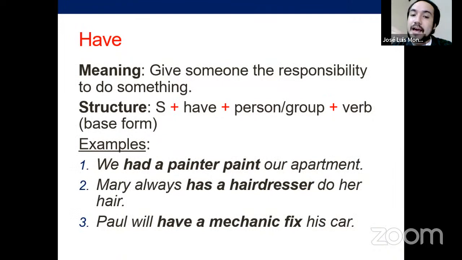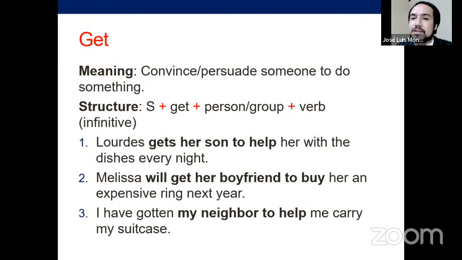My boss had me complete the report. So my boss is paying me to do that for him. And now we have get, that is for friends or for any person because it's convincing. So for example, if I convince anybody to do something for me, I can use this structure.